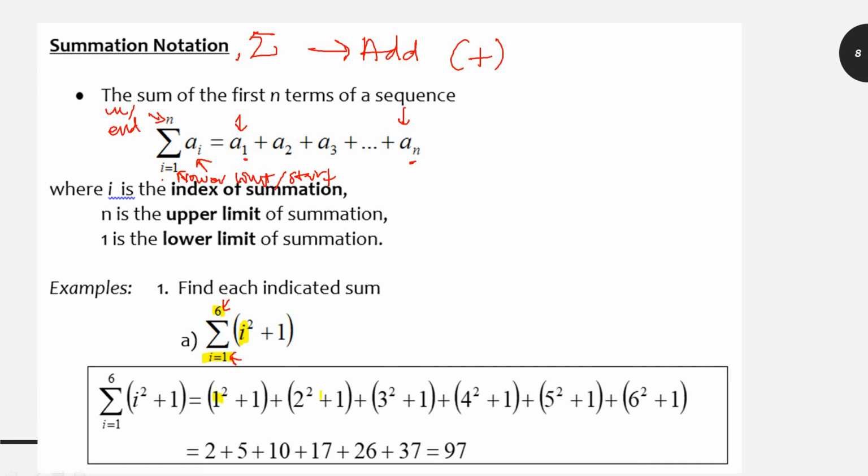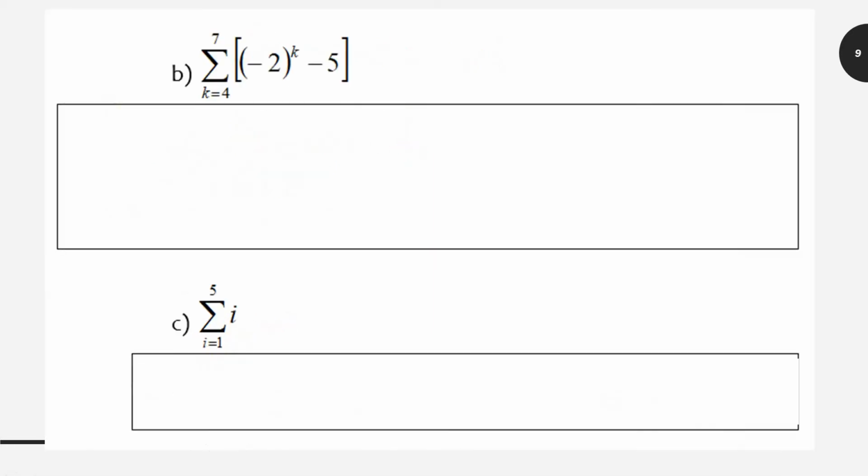So i is 1, 2, 3, 4, 5, 6. Everything else is the same, still squared plus 1 in brackets, and then you put the plus sign because this is summation. Remember, you want to add, so you add all the terms and you get the summation of all 6 terms. Alright, so easy.